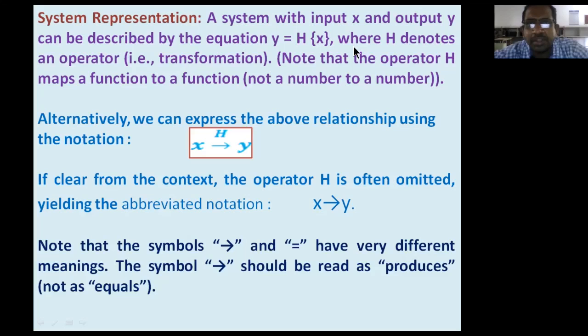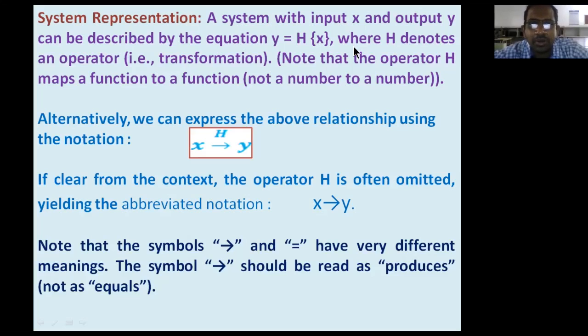Another mathematical representation: I can represent the system as x produces y based on the properties of the system h. That is, system h is going to produce a signal y; a system which processes the input signal x and produces y.